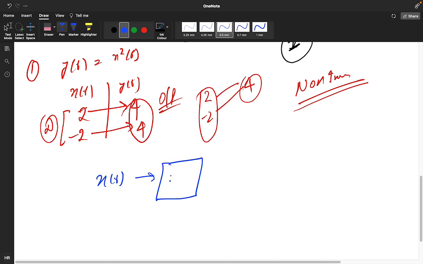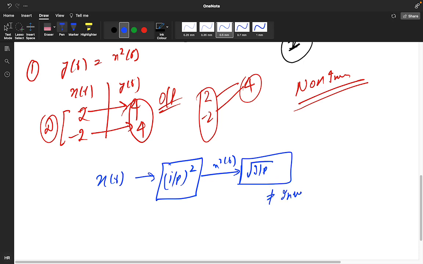Okay. So we cannot design the inverse system like this. So what is the system doing? It squares the input, x square of t. So even if we take the square root of the output, this is not equal to the inverse system.